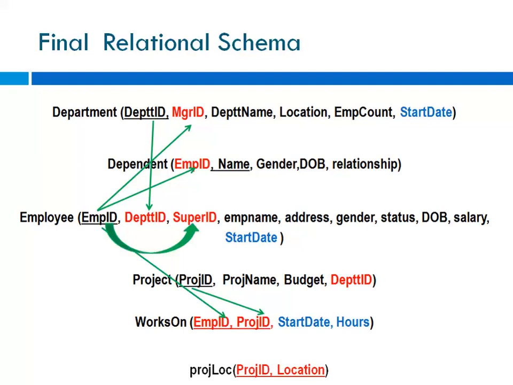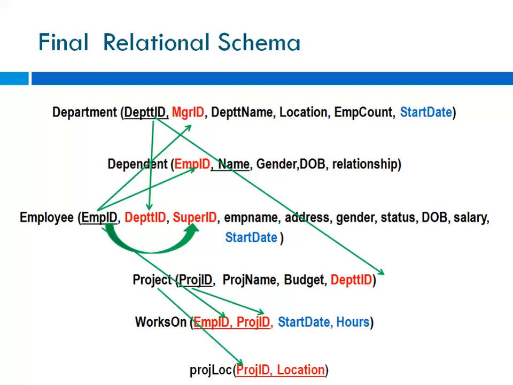Then in the employees table, the employee ID primary key is given as a foreign key in the same table as supervisor ID, and this defines the relationship of one employee with multiple employees as their supervisor. Then the department ID is given to the project table as a foreign key, meaning this project is run by this department.